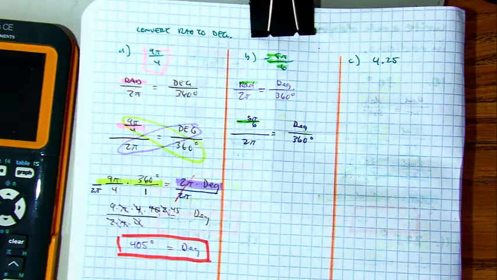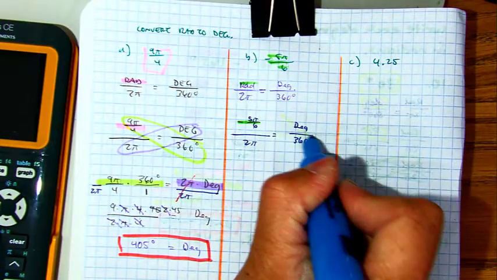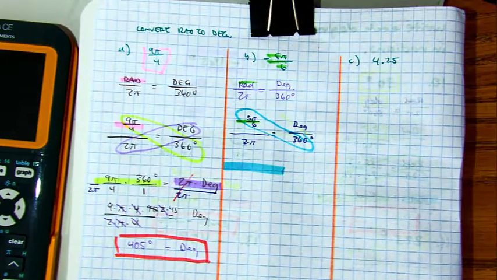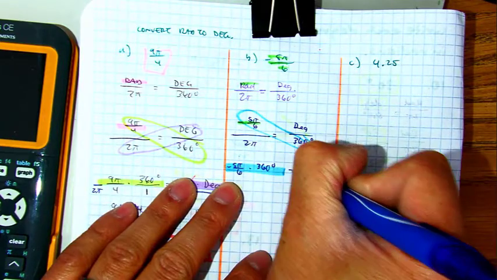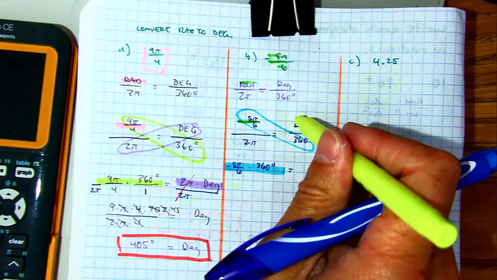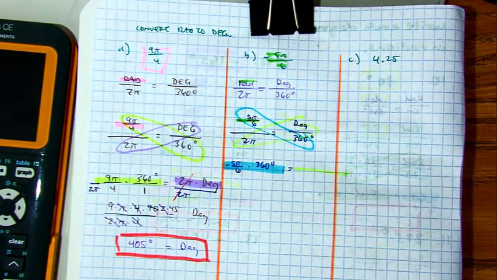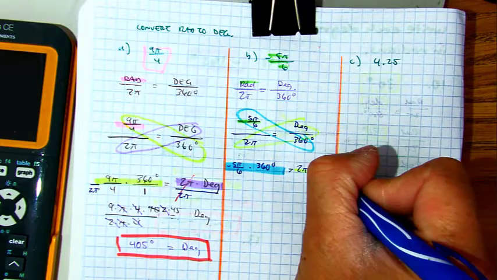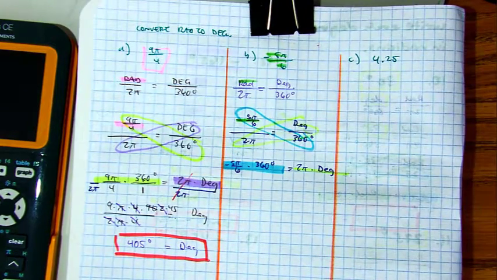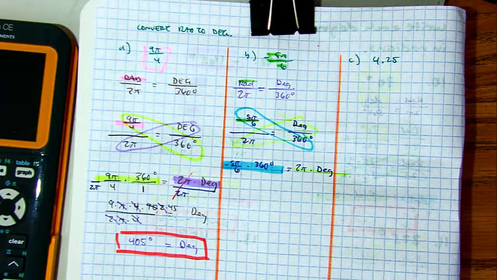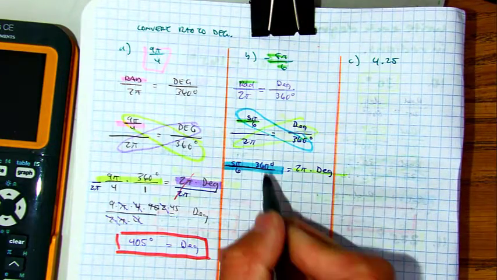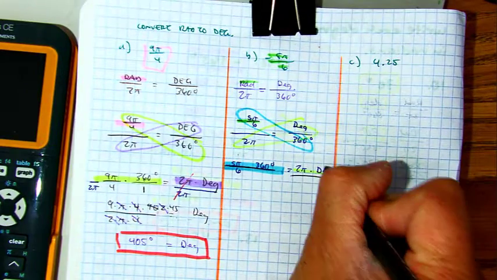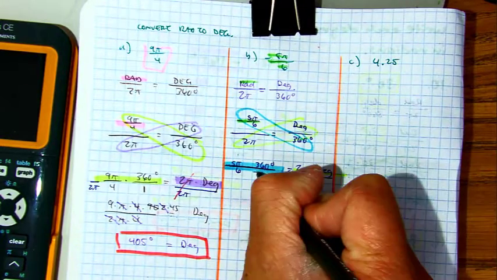Good job. Now let's do our cross multiplying. Two pi times degrees. We're okay? Now I'm going to extend my fraction line. Right, that's 360 over 1.